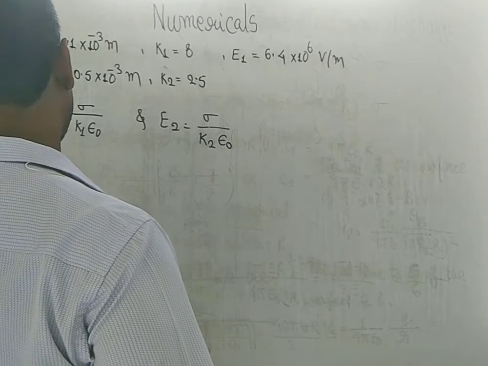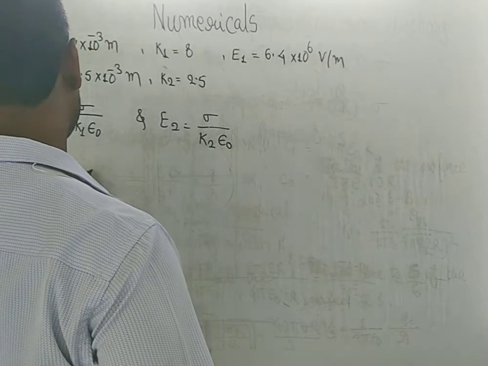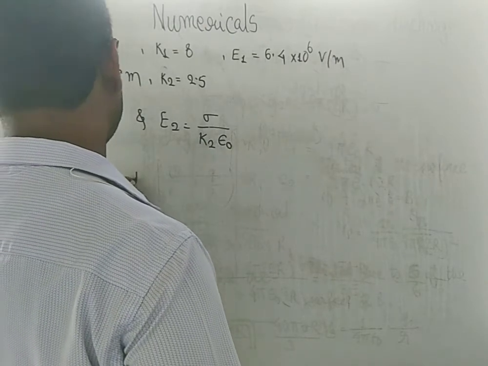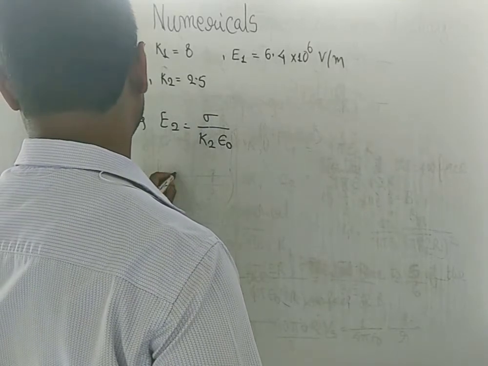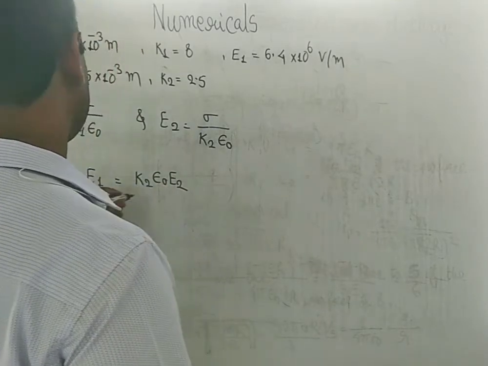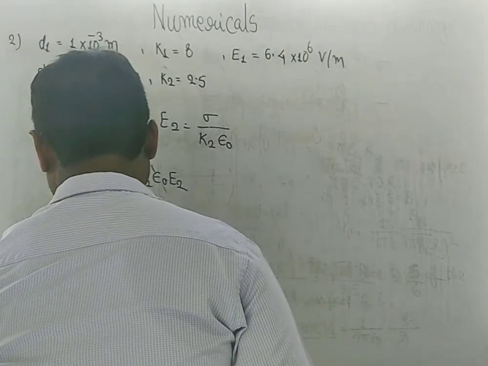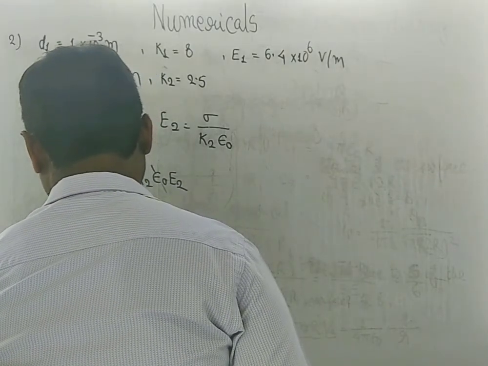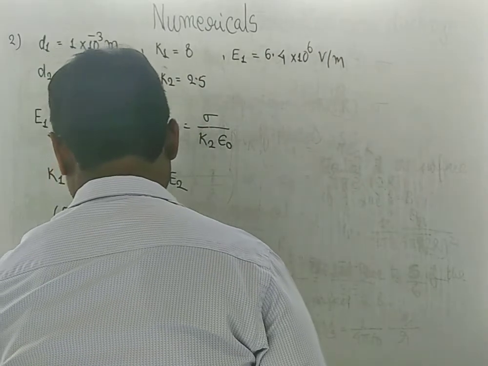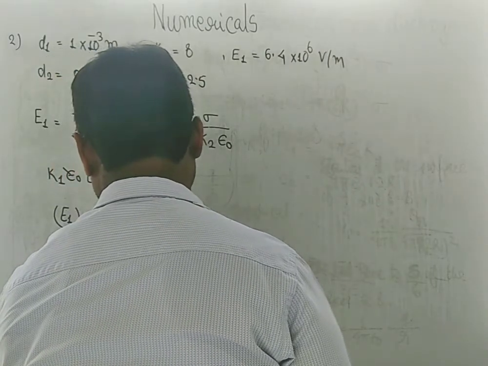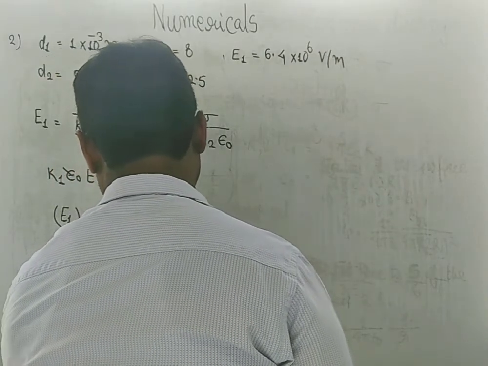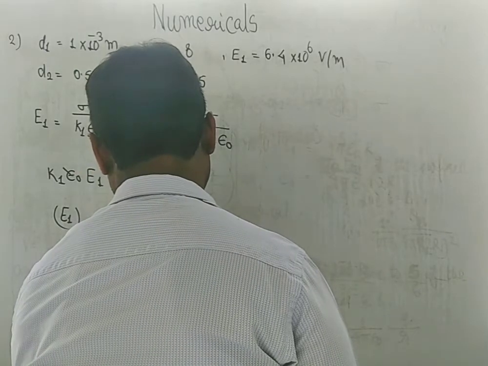So we have K1 epsilon naught into E1 equal to K2 epsilon naught into E2. Here epsilon naught will get cancelled, and we have the value of E1 max equal to K2 upon K1 into E2 max.